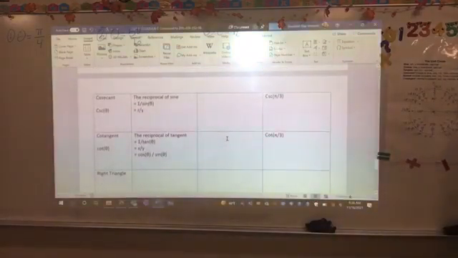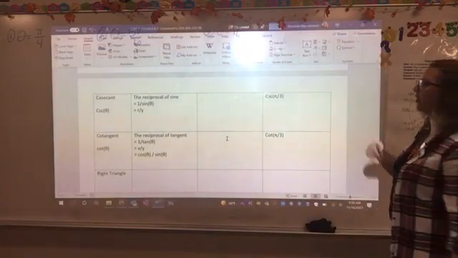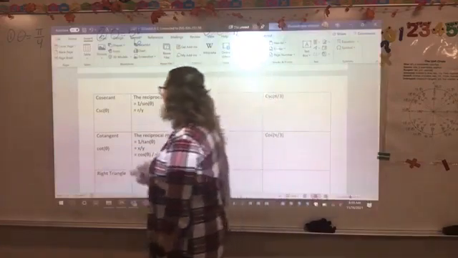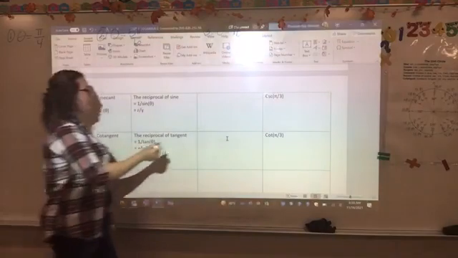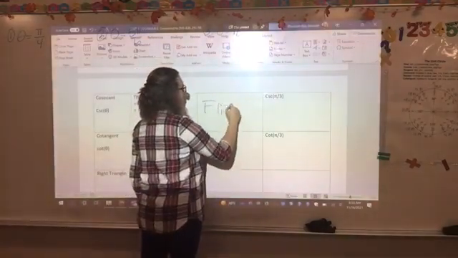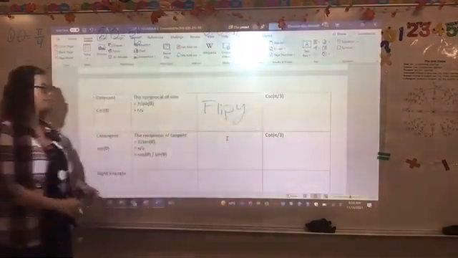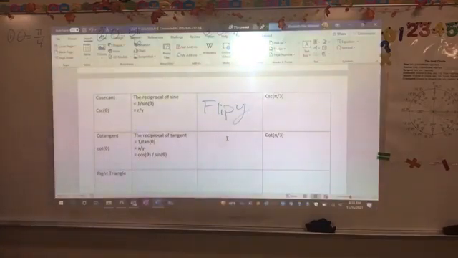So next, let's talk cosecant. Cosecant is the reciprocal of sine. So it's 1 divided by sine, or r over y. So all you do to find cosecant is you flip the y value.